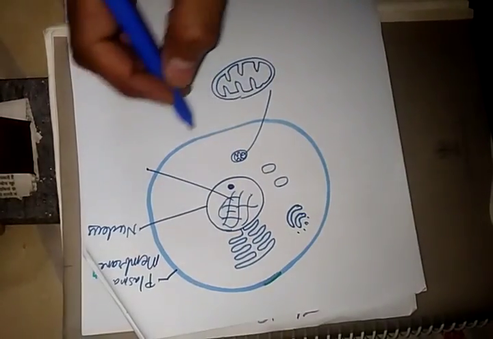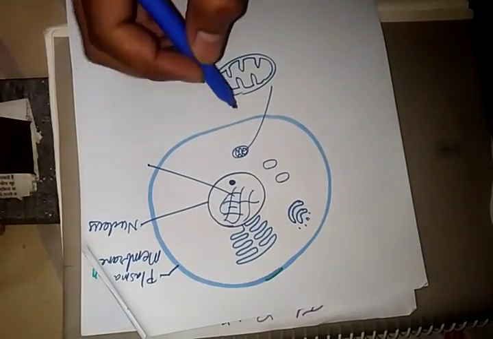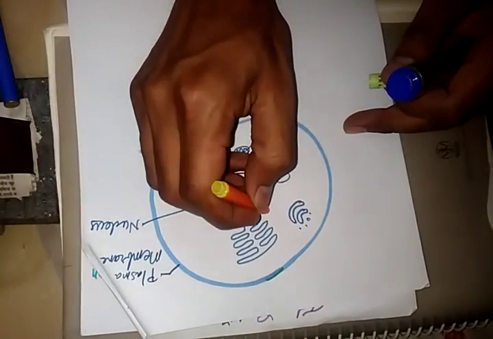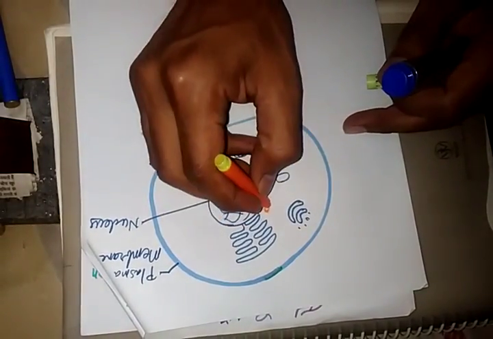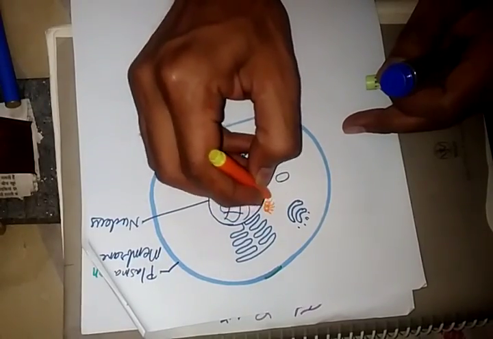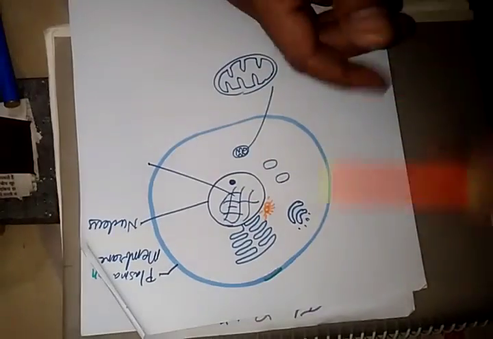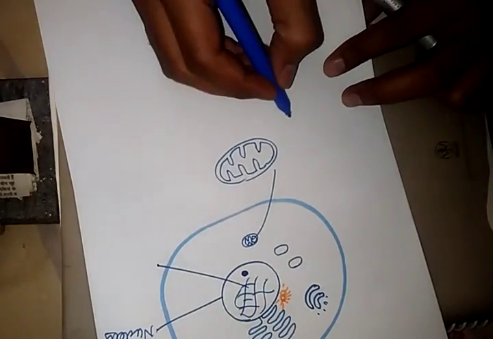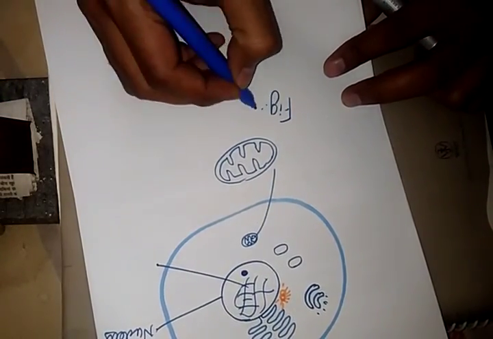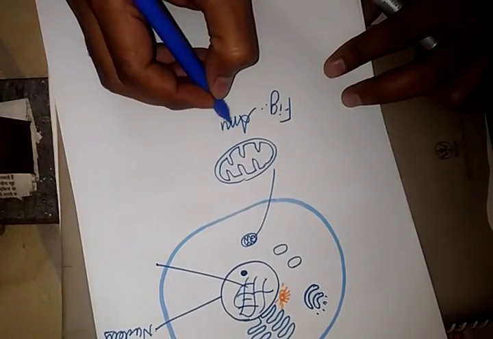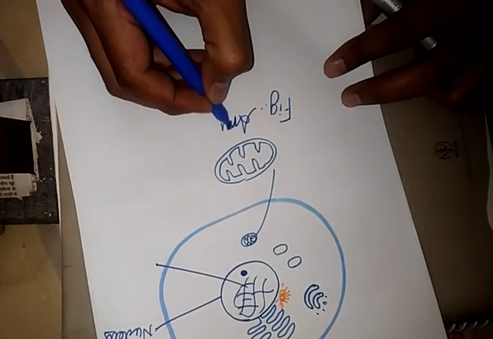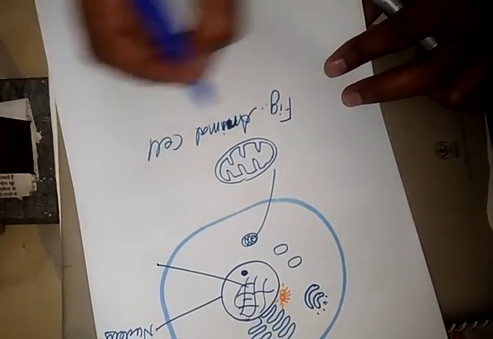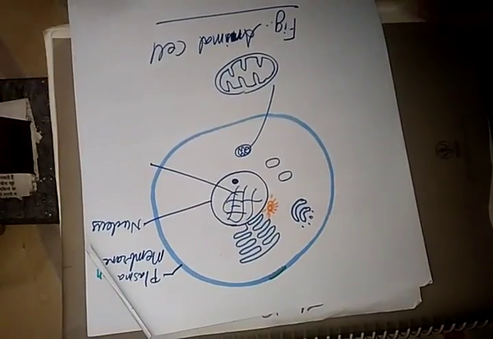There is no chloroplast, okay, but there is a new structure near nucleus known as centriole, and this is a structure of, here write down figure, animal cell, okay.